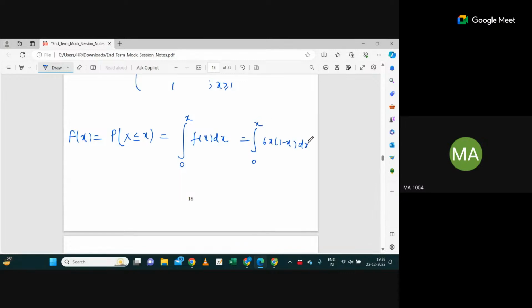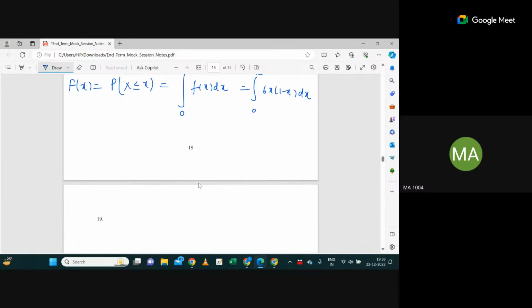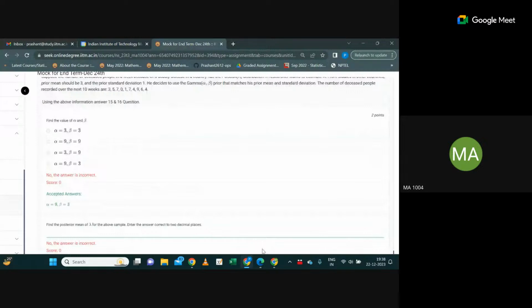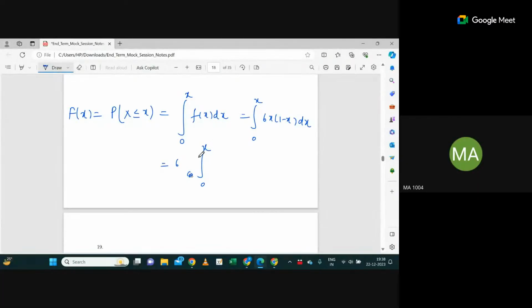This is very simple integration. It will be 0 to x, so I can take the integral of t dt minus the integral of t square dt.